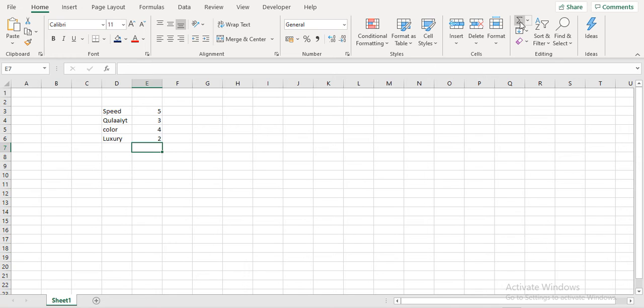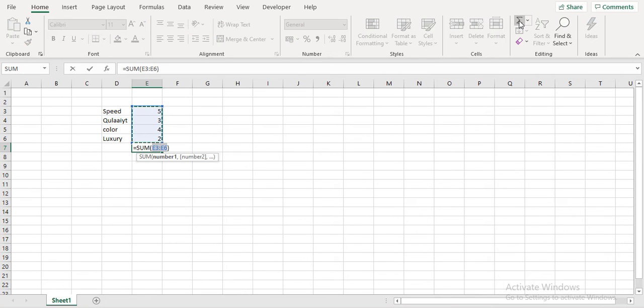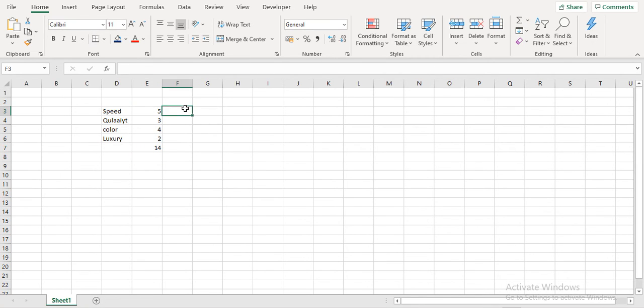To create a relative frequency, we calculate the total value and divide by it. 5 divided by 14 will be the relative frequency of speed. When compared to all these values, what is the importance of speed? That we calculate using relative frequencies, in percentages.